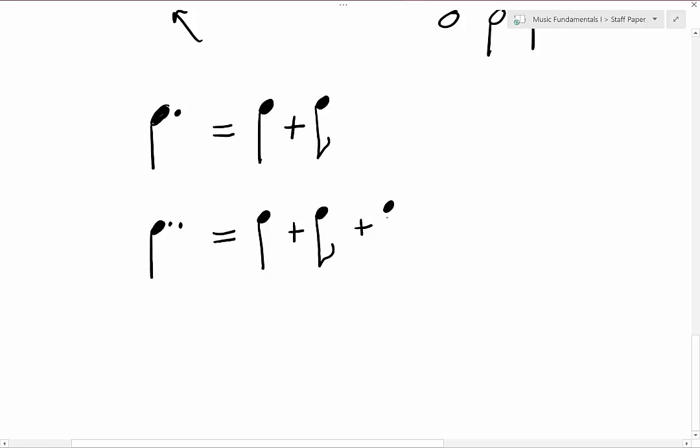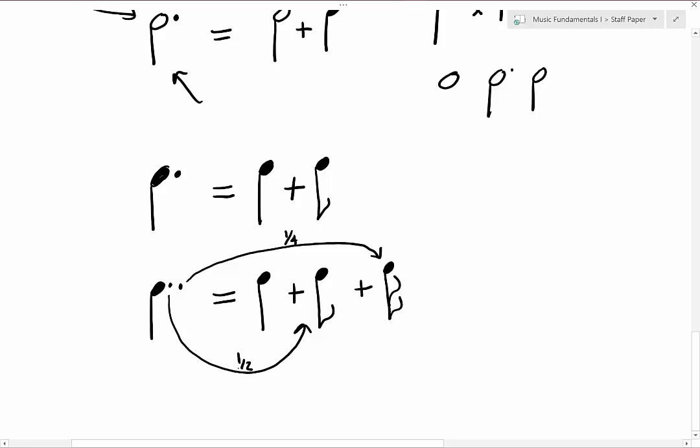So in this case, that would be a 16th note. So the first dot is half of the value of the original note, and the second dot is a quarter of the value of the original. So that is a double dot.